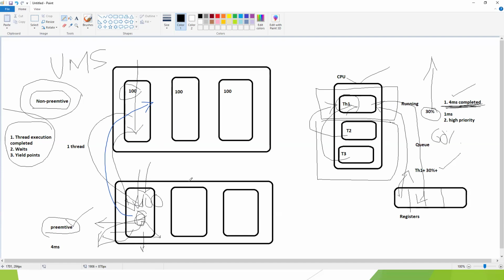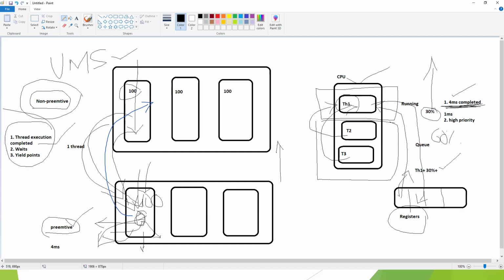Every 4 milliseconds, each thread comes out of the CPU and another thread is loaded, and we are increasing the context switches. But what we are controlling with UMS is the scheduling of the threads. One thread will be executed, and the thread will not come out of the kernel, out of the Windows operating system, until and unless these conditions are met.